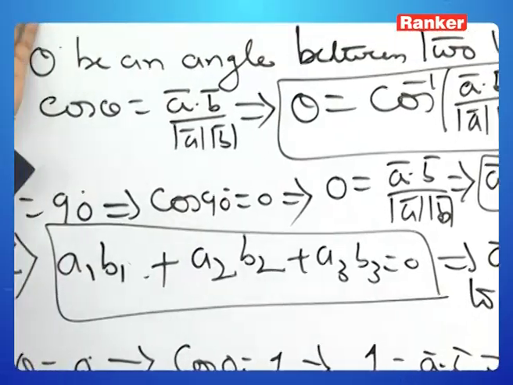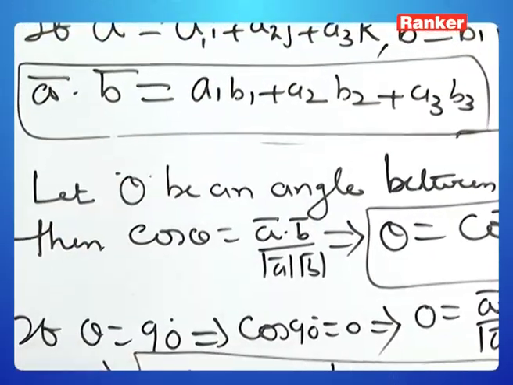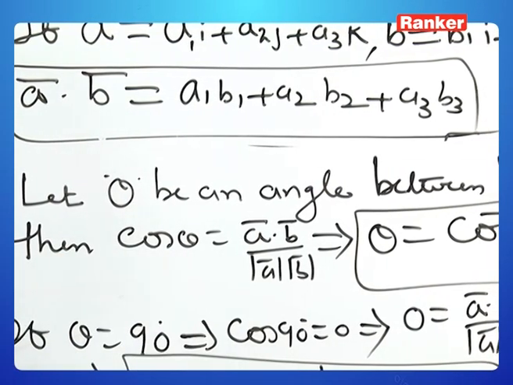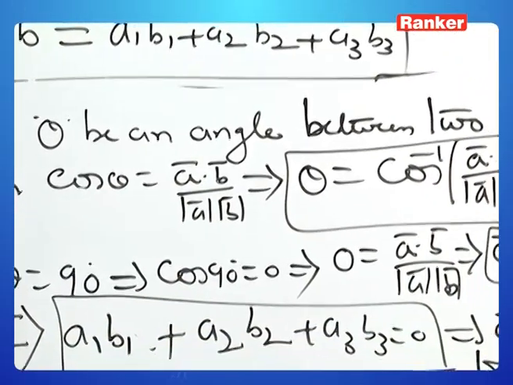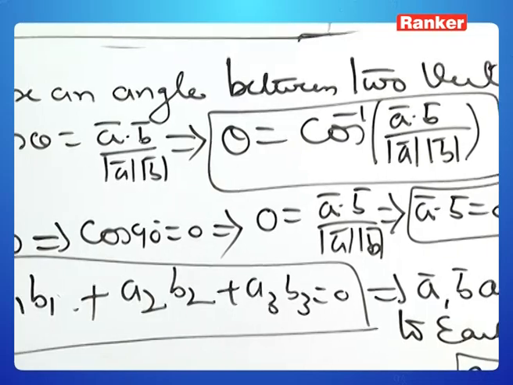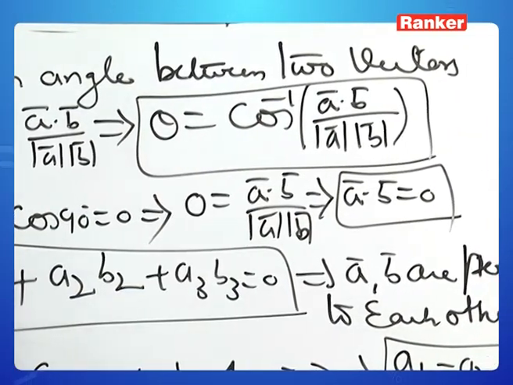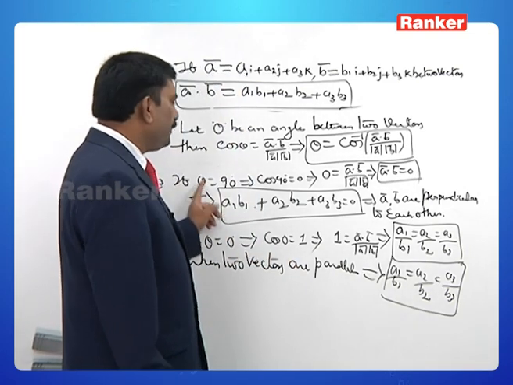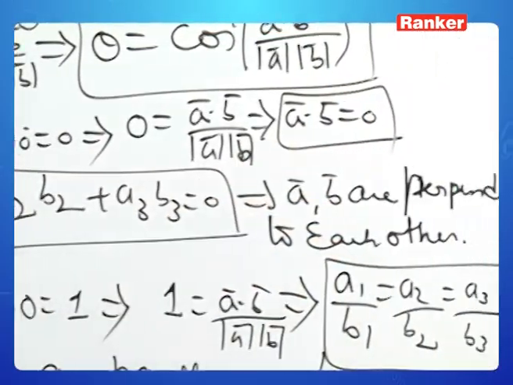Students, by using the fundamental definition of dot product when theta is not given, we established A dot B is equal to A1 B1 plus A2 B2 plus A3 B3. After knowing that, when theta is the angle between the two vectors, cos theta is equal to A bar dot B bar by modulus of A bar into modulus of B bar, which implies theta is equal to cos inverse of A bar dot B bar by modulus of A into modulus of B. If theta is equal to 90, then the two vectors are perpendicular to each other.